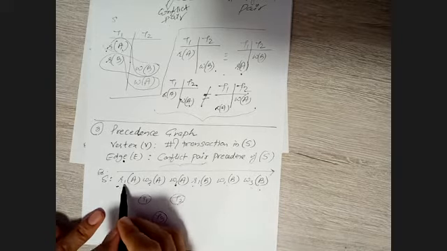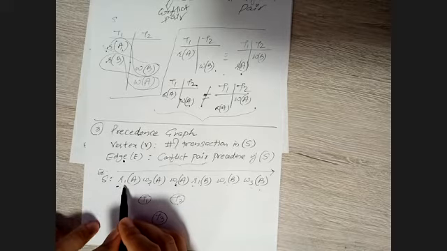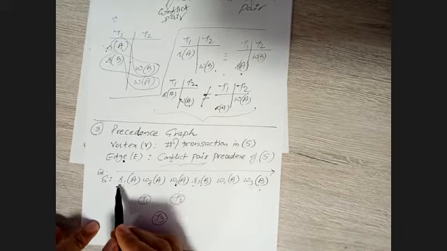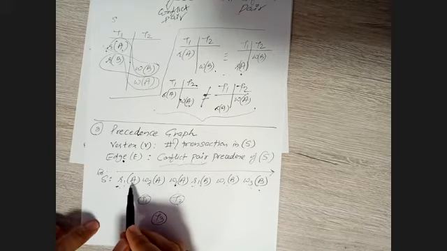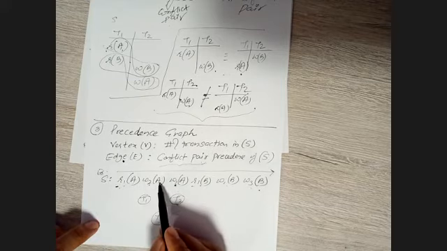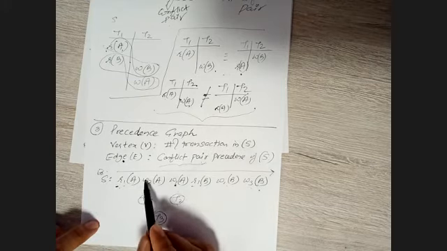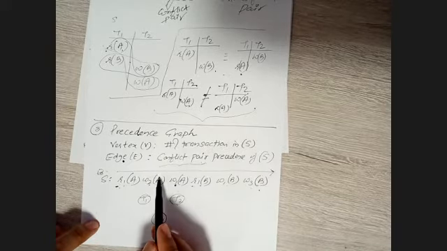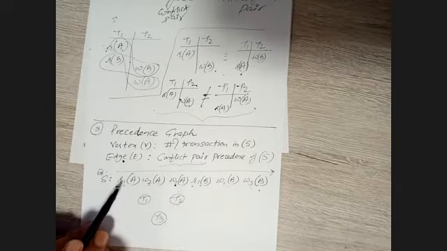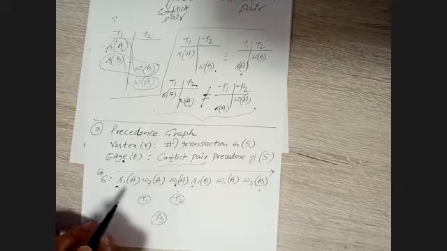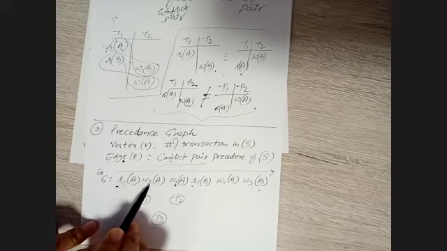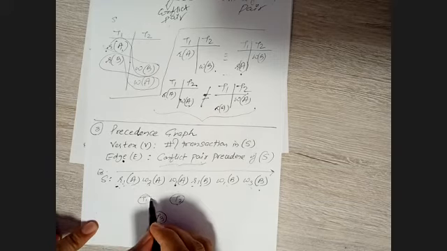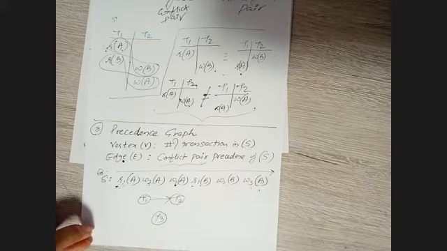Okay, let's start from R1A. What is the conflict pair? The conflict pair of R1A will be a different transaction's write operation on A, that is WA. So W2A is there: a different transaction, write operation on the same data item. Remember, we move in the forward direction, so the arrow will go from transaction T1 towards transaction T2, that is T1 to T2. Understood?